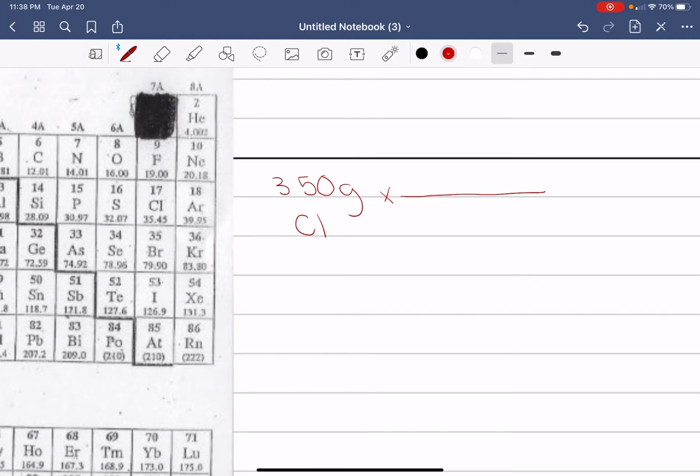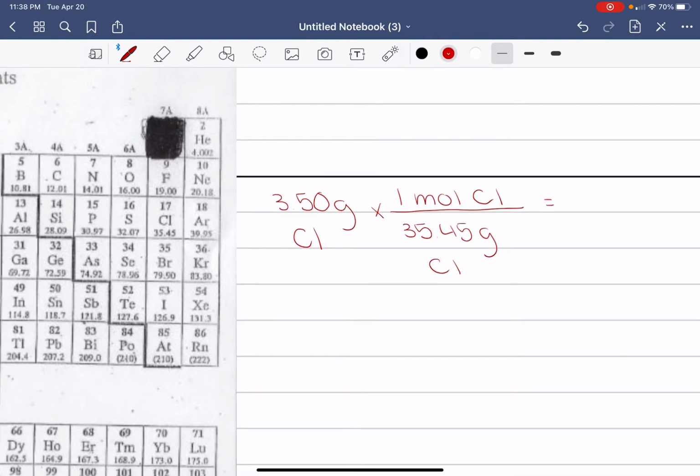So the first step, because this is in grams, you'd want to take the grams or the mass of the original element. So we would put 35.45 grams of chlorine at the bottom to cancel out grams to grams, and that equals 1 mole of chlorine.